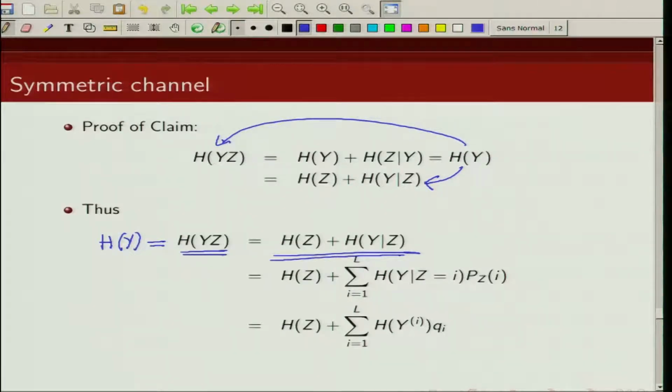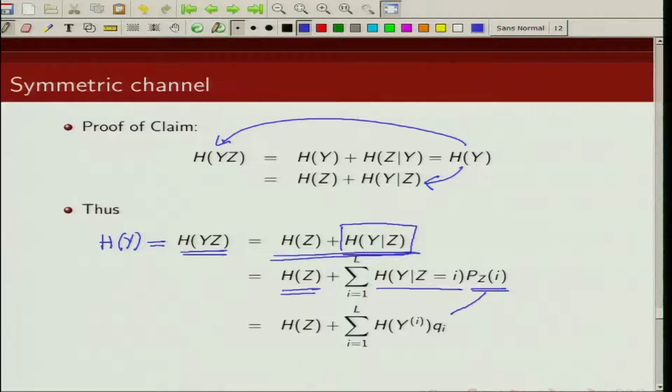Okay. Now let us expand this particular term. So I can write this as h of z plus uncertainty in y given z is i multiplied by probability of z. So this is from the definition of conditional entropy.